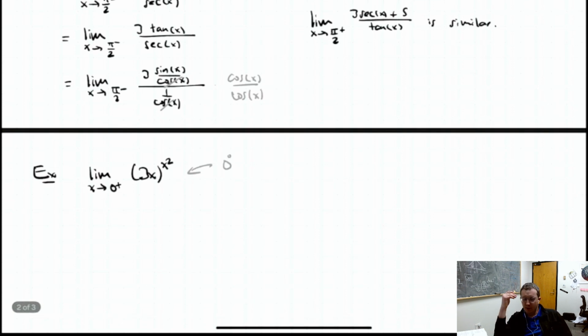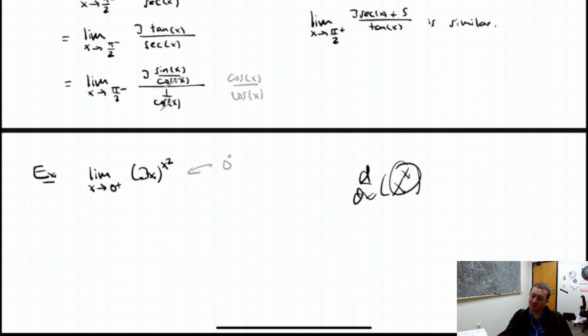Now, whenever we see an indeterminate form with an exponent, the trick is to take the natural log. And we've seen that trick other times too. For example, when we're differentiating something like x to the x with a variable in the base and the exponent.